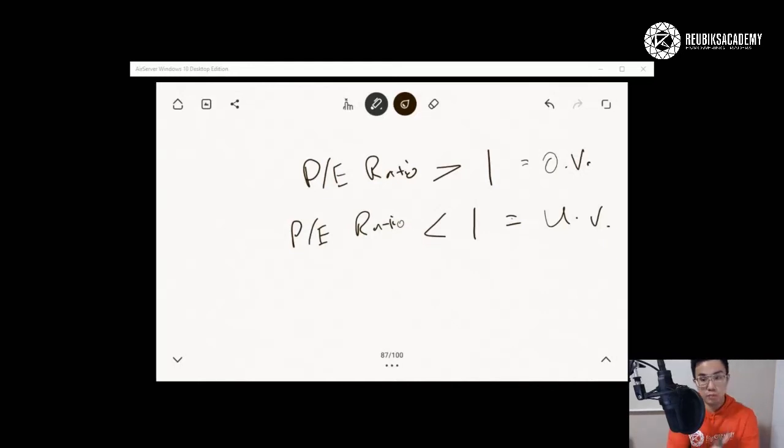But again, this is too simple. You cannot just look at one ratio and say, I'm just going to buy the stocks that are undervalued and I'm not going to buy the stocks that are overvalued.